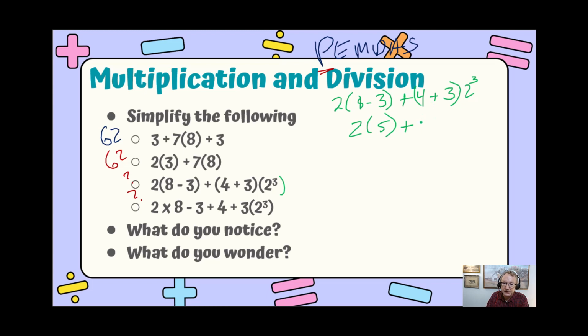We've got 4 plus 3, which is 7, and 7 is going to be multiplied by 2 cubed. Well, that's 2 times 2 times 2. 2 times 2 is 4. 4 times 2 is 8. Now we're going to work on our multiplication, which is 2 times 5, which is 10. 7 times 8 is 56. So we got 66. So I got 66 there.